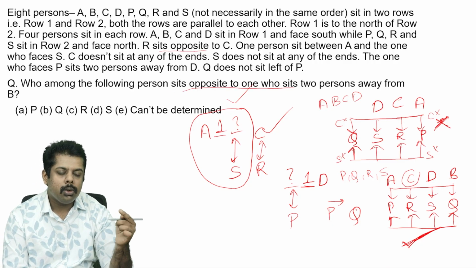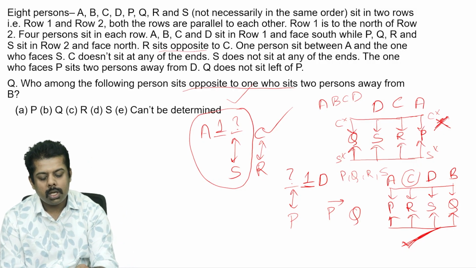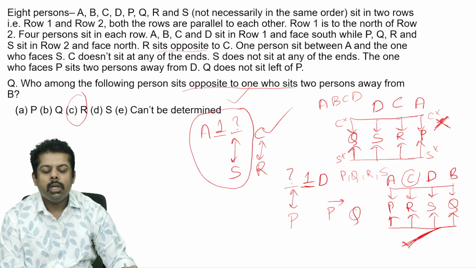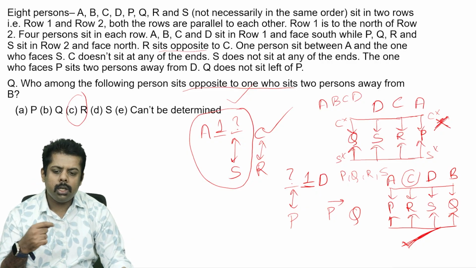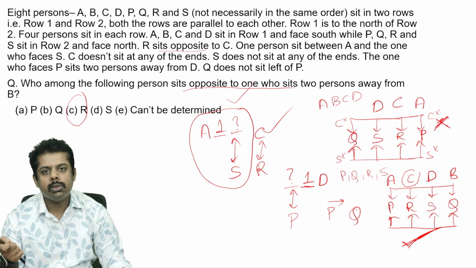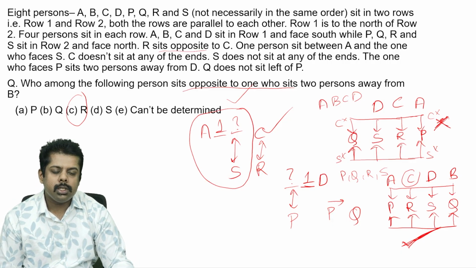We have to find the person sitting opposite to C here. Opposite to C is R. So easy question, the answer here is option C. They hadn't asked this question directly, but if you get the language of that question, you can easily do this as well.